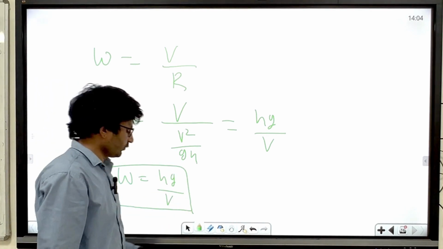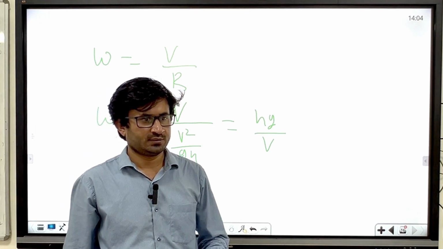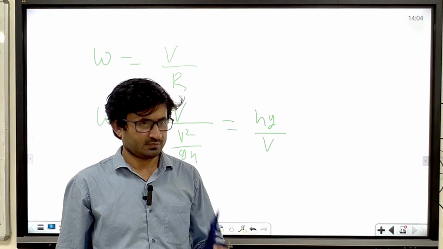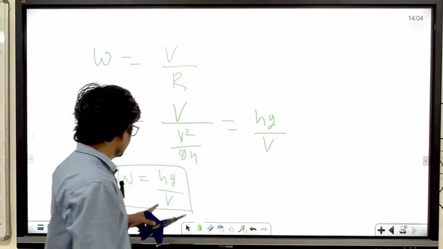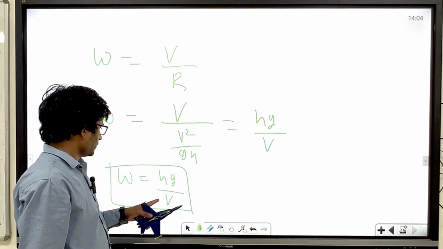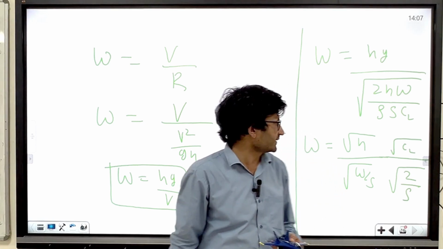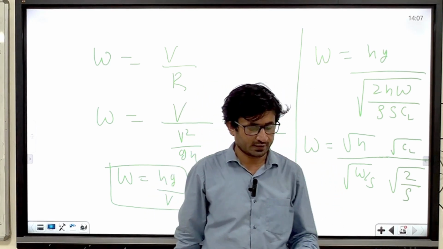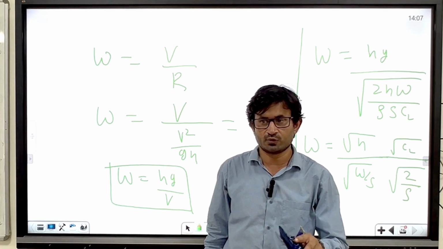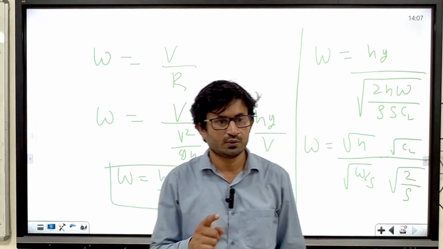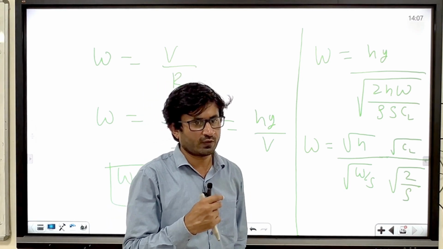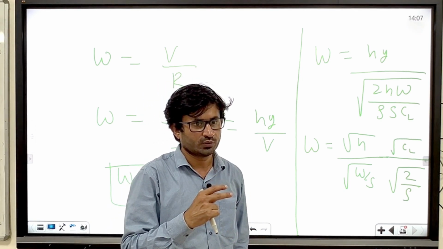So how will you achieve the max turn rate for pull up? Obviously you have to fly at a very high load factor. For example, let's say if this is an aircraft, and you are flying with a high load factor, you will get more turn rate. So if you want to perform a very aggressive maneuver, what will you do?